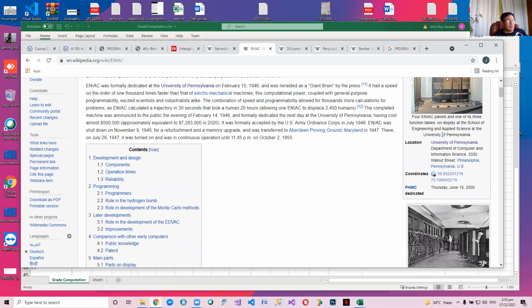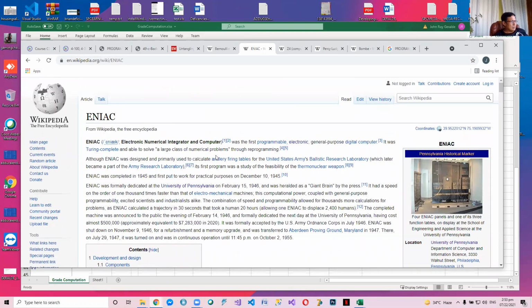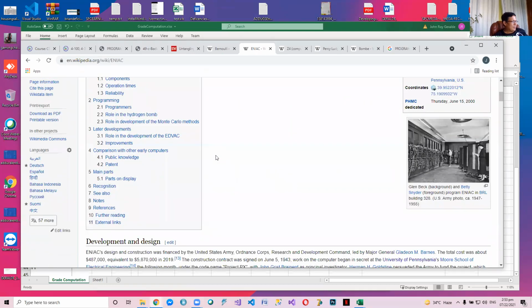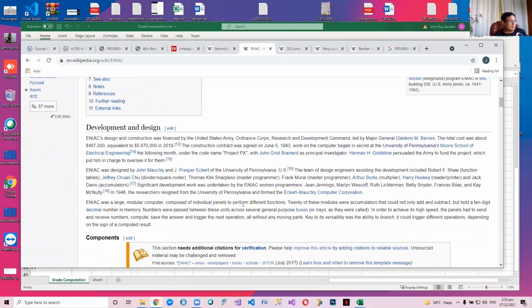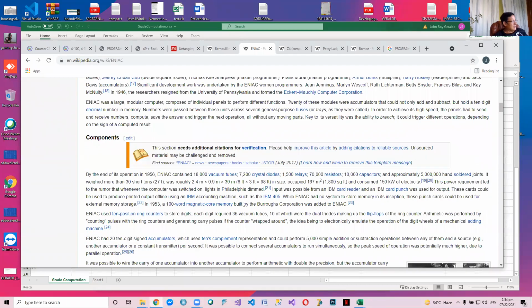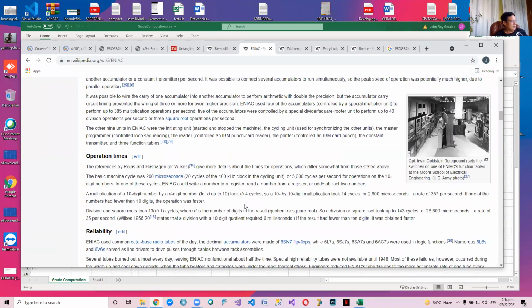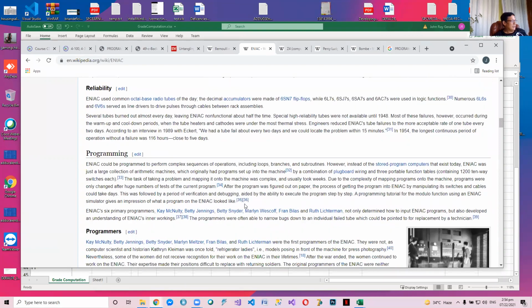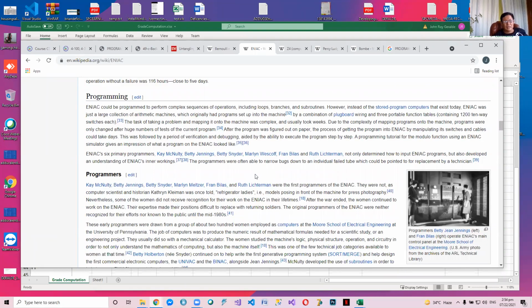What's that called? School of Engineering and Applied Sciences at Penn State. It has a name. Wharton is the School of Economics. Anyway, we'll look at that later.